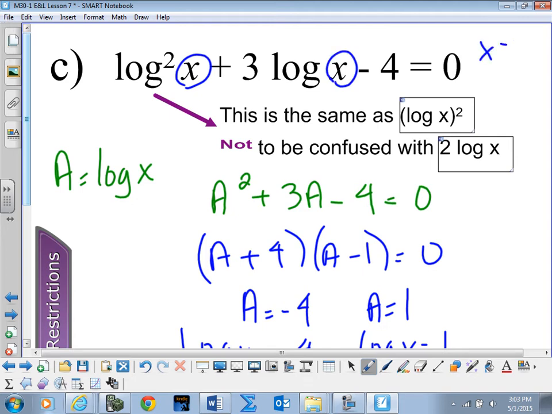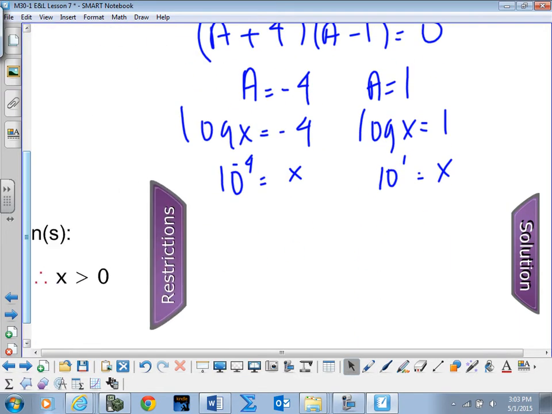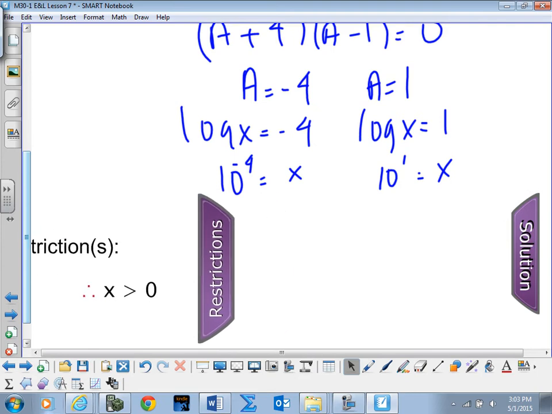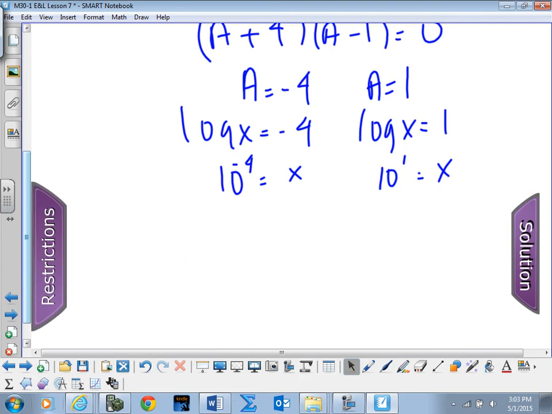So our restrictions are pretty simple in this one. X is greater than 0. Both of our answers, even though 10 to the negative 4 is very small, are greater than 0. So these are both possible solutions. We could do an algebraic check to verify, or we could do a graphic check to verify.